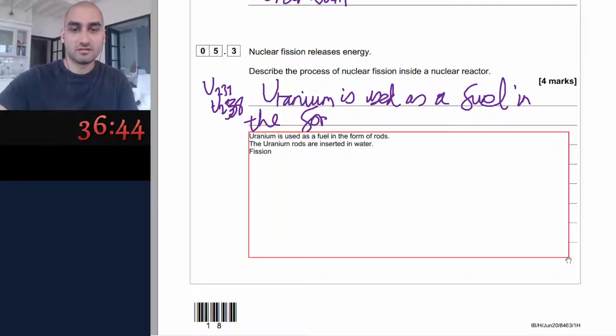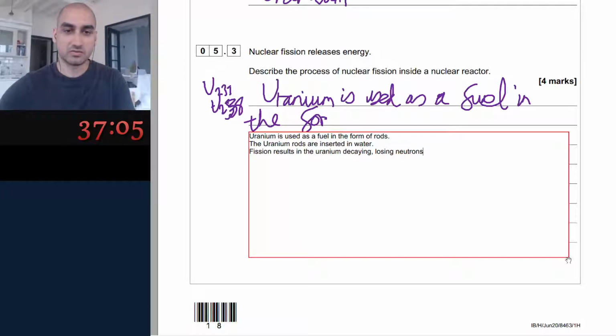Fission results in the uranium decaying, losing neutrons? It's not protons, it's neutrons, right? Which releases huge amounts of energy via E equals mc squared.